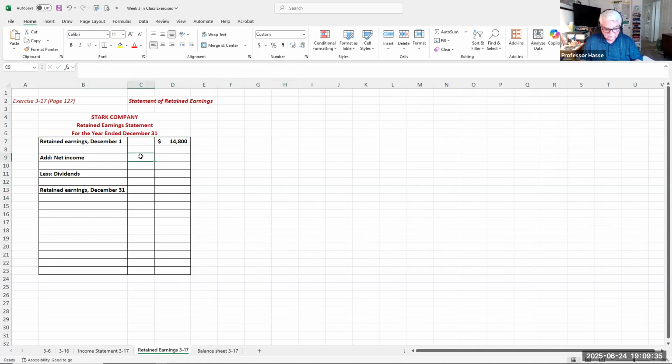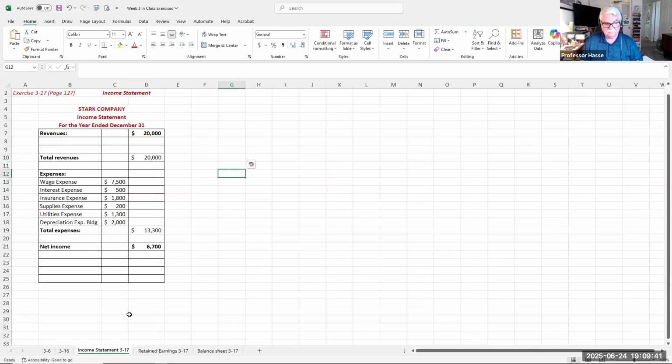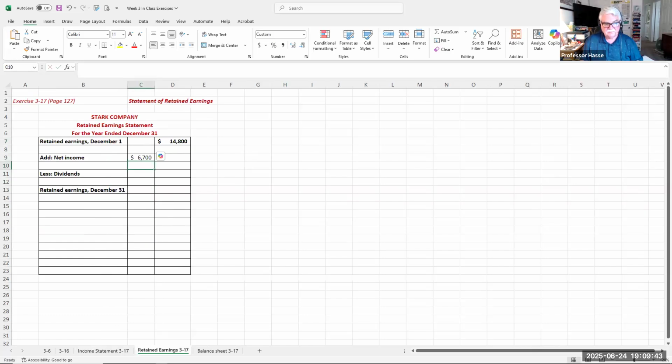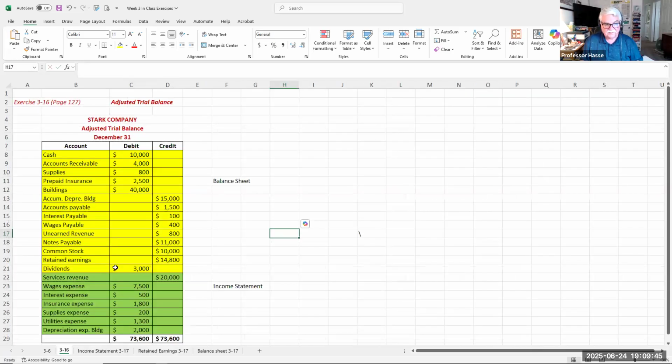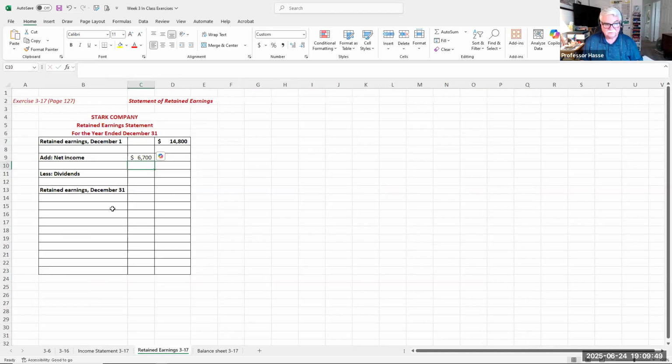Well, we just found out that our net income was $6,700 from the income statement, right? There it is right there. And then from the trial balance, we saw that our dividends were $3,000, less dividends of $3,000, which means a net gain of $3,700 for the period of time.